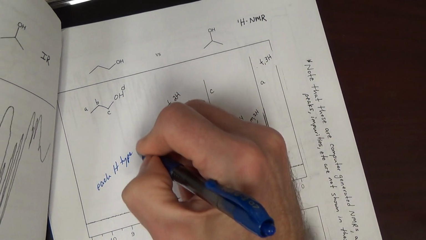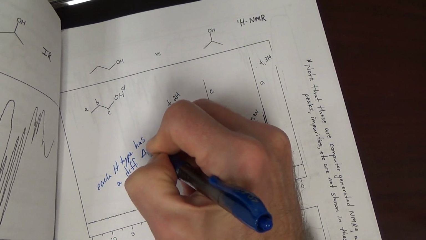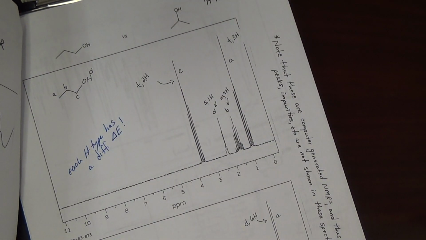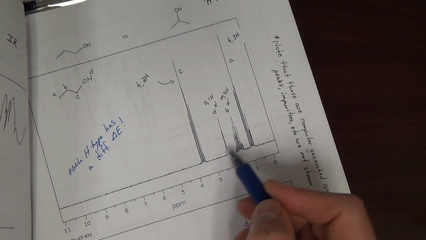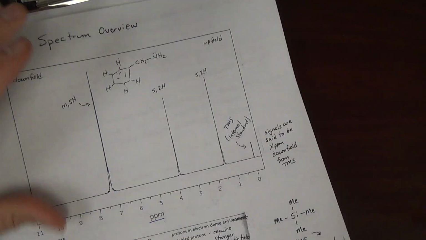Each H type has a different delta E. And that's why we're getting different absorptions. We have different delta E's.